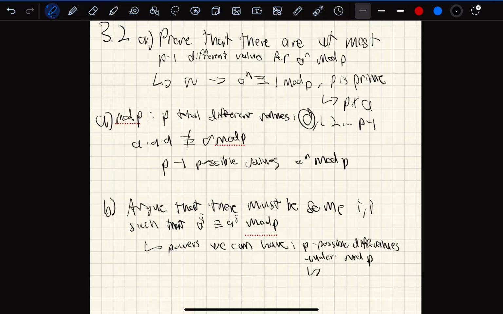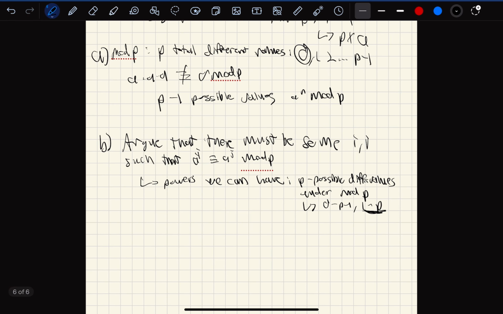You can think of it as 0 to p minus 1, or 1 to p. And for this case, we'll use 1 to p to represent the p possible different values. And for the total possible values, I'll call them the results, the possible results we can have under mod p.